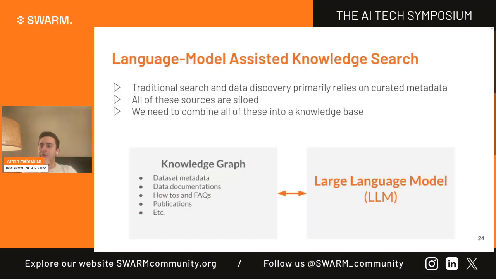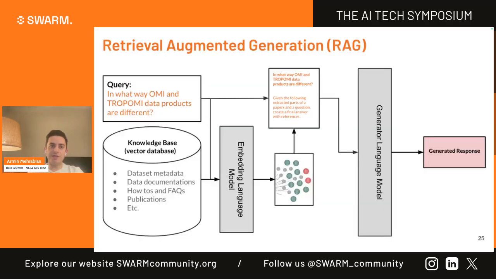The other thing that we can do with this marriage of the language models and the knowledge graph is that, as opposed to traditional search that was primarily based on curated metadata, now we can use them in a graph RAG. I guess many of you may now be familiar with RAGs, retrieval augmented generation, and graph RAG is basically the same concept but based off of a graph as the knowledge base.